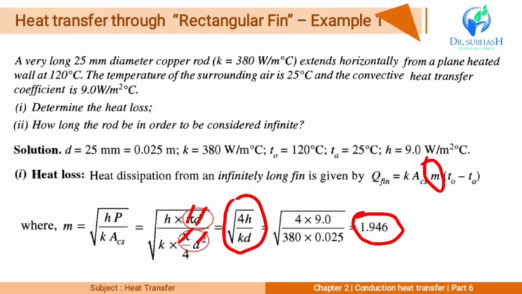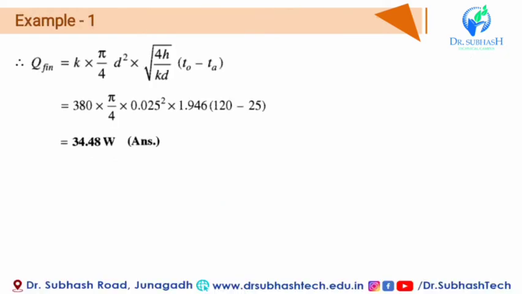Now by using the value of m, we can easily calculate our heat loss from the equation k A m into delta T, that is T0 minus TA. Let's put the values in this equation. Q is equal to k multiplied by the area, pi by 4 D square, multiplied by m multiplied by the temperature difference.